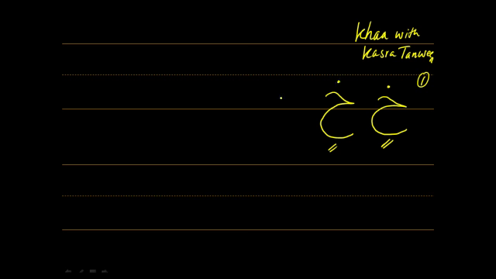Khin. Again. Khin. Now let's write it in the final position. Connect. Write our kha. And 2 kasras.